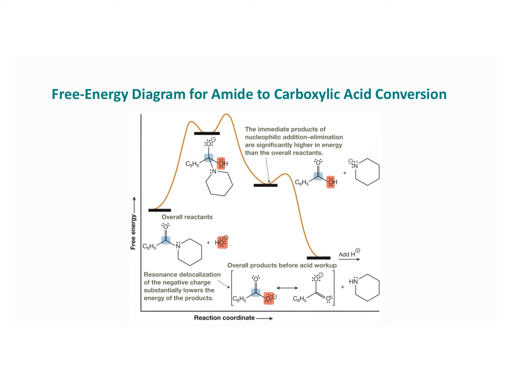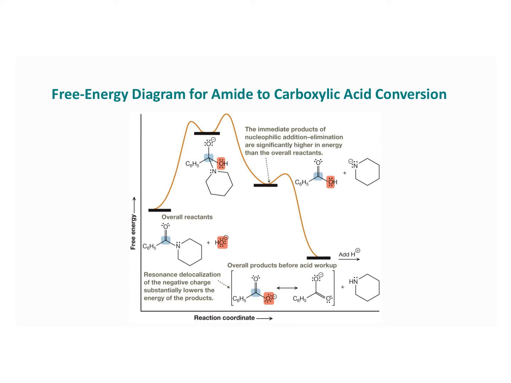The carboxylic acid, remember, is one rung higher in the stability ladder than amides. So that direct acyl substitution to form the carboxylic acid is generally unfavorable. The irreversible proton transfer, though, is this third step here, and it lowers the energy dramatically, from here to here.